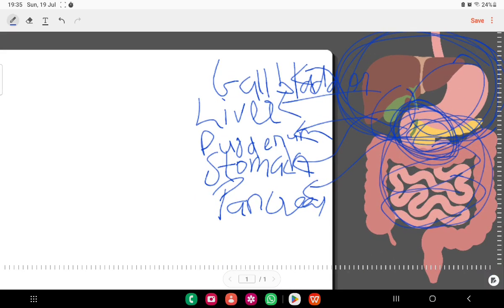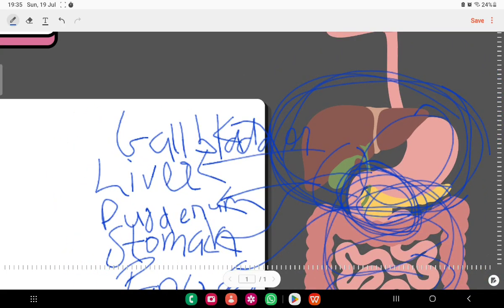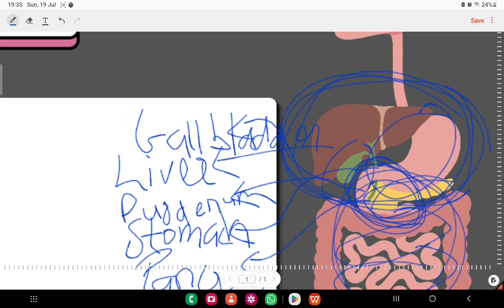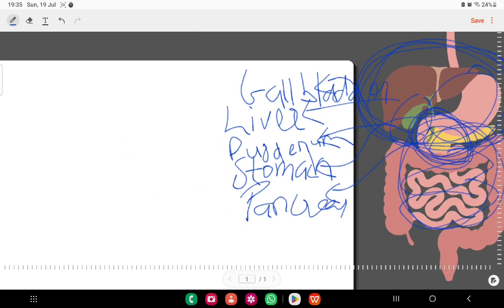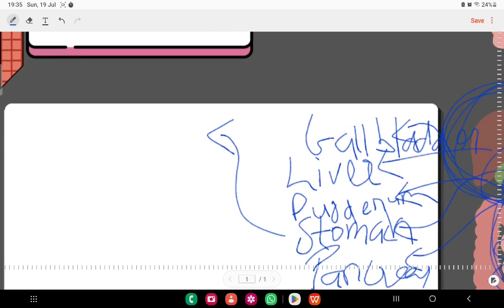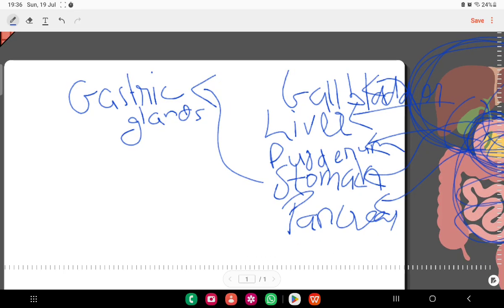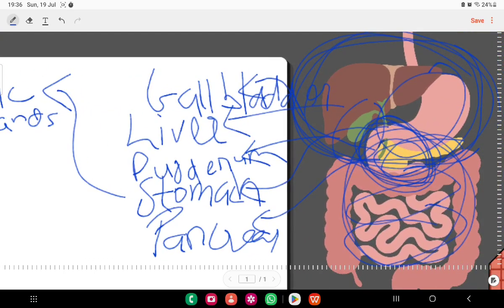Now let's start with the main thing that we are here for. We are here for the stomach, so obviously the food will come from here and go inside the stomach. So let's start with the stomach. It is a J-shaped pouch, we know, but it contains gastric glands, and it secretes three types of things.